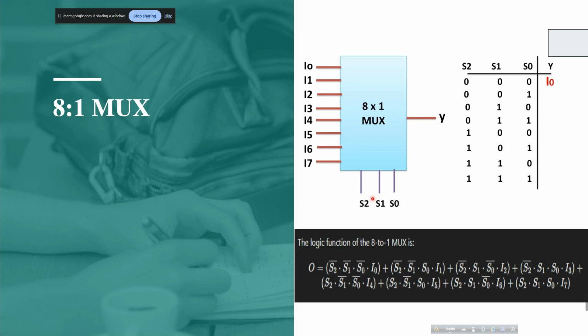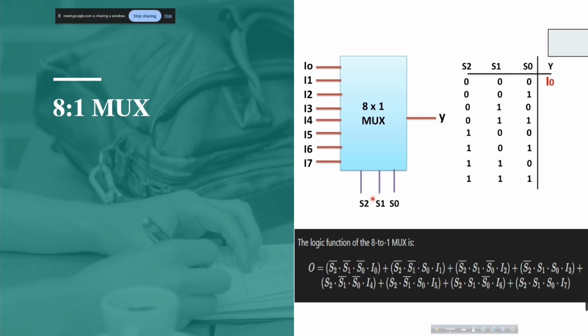With three inputs, there will be 8 combinations. So in the truth table, there are 8 combinations, and each combination's output is Y, that is I0, I1, I2, I3, I4, I5, I6, I7.